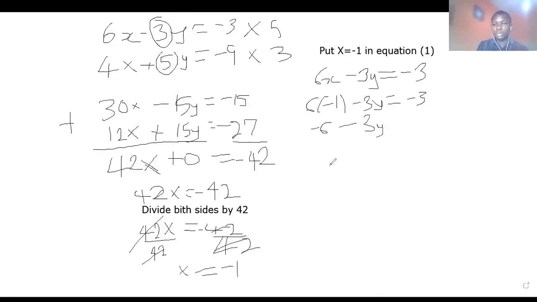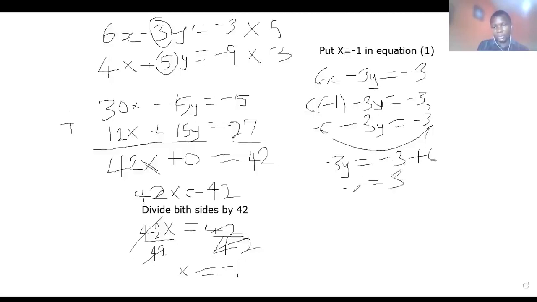will equal to minus 3. So let me collect the like terms. This one will go to this place, but this is carrying minus. So we have minus 3y equal to minus 3 plus 6. Minus 3 plus 6 is 3.